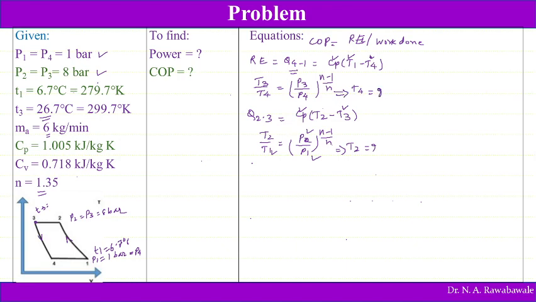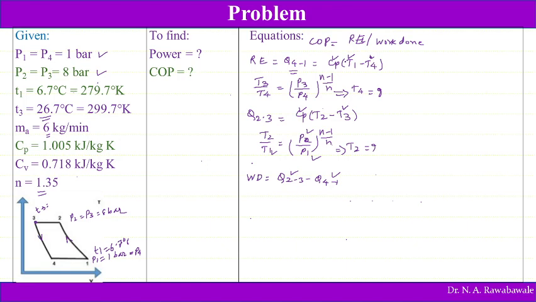So Q4 to 1 is known, Q2 to 3 is known. So we can find the work done. Work done can be given as Q23 minus Q41. Knowing this work done, COP can be obtained.